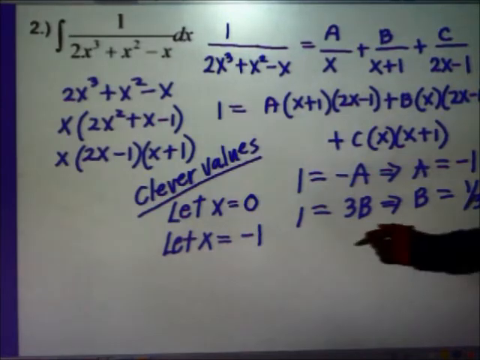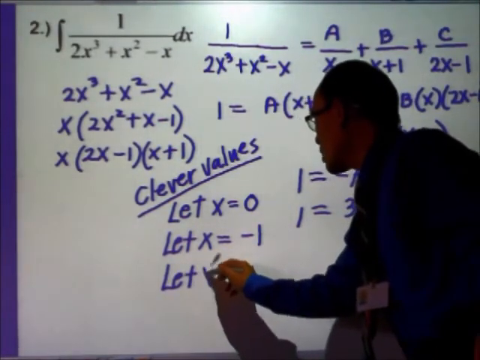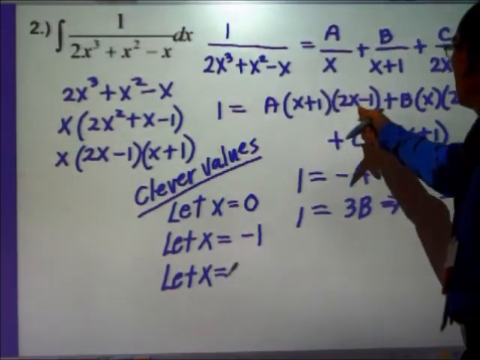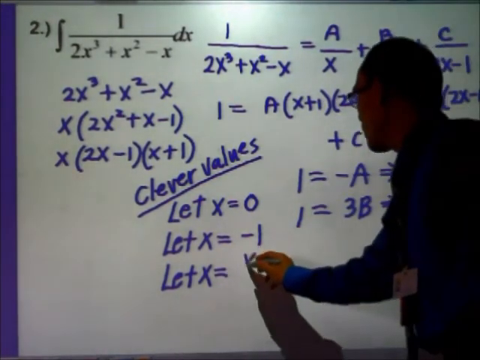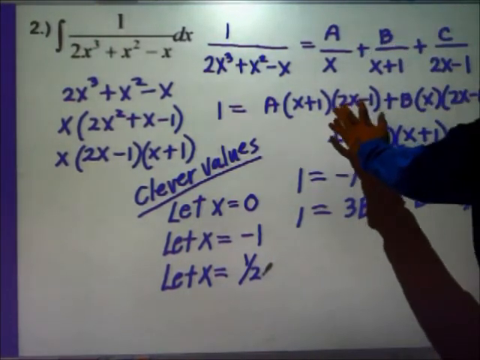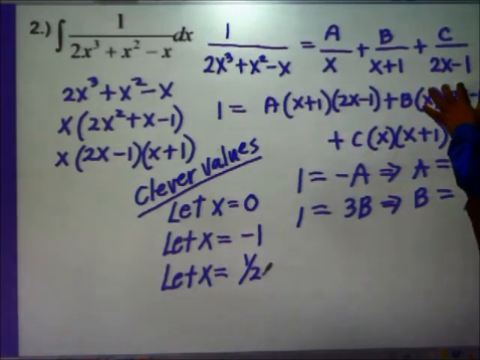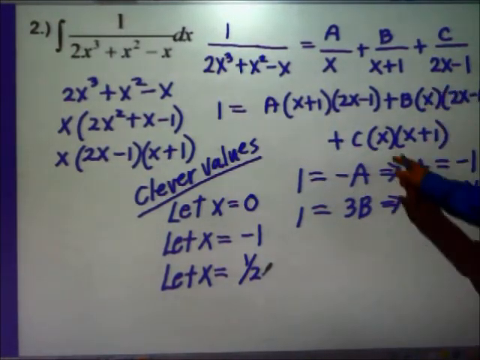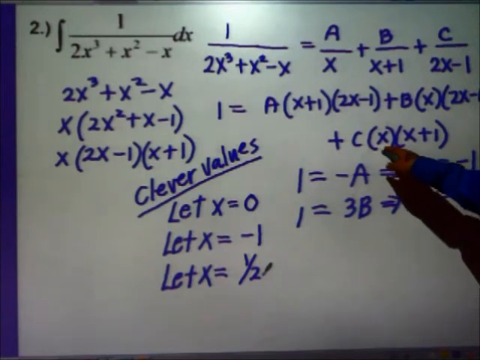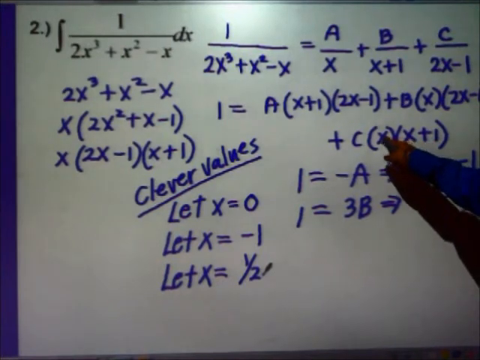Okay, now what other clever values can we assign? We can let x be equal to 1/2. So if x is 1/2, this becomes 0. This part also becomes 0. And if we plug in 1/2 here and also 1/2 here, 1/2 plus 1 is 3/2 times 1/2.